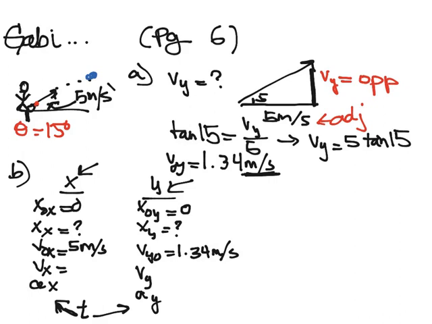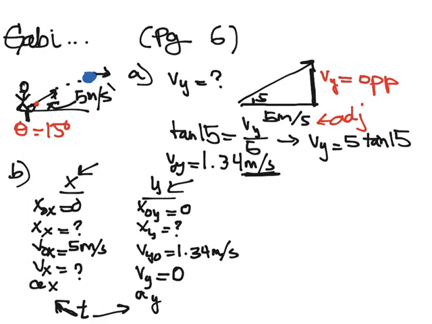We don't know Vx, okay, because at this point it's still going to be going to the side. What the ball is not going to be doing at the very top is moving up and down. So it turns out that Vy is equal to 0 at the very top, because the ball at this blue dot is not moving up and down.